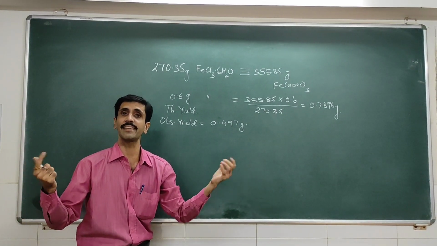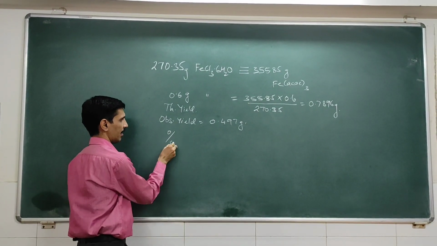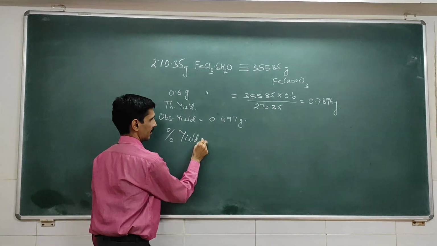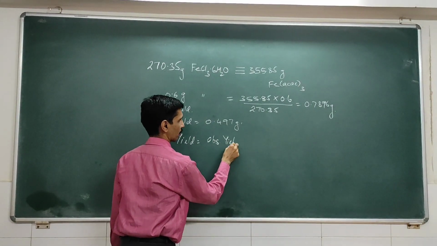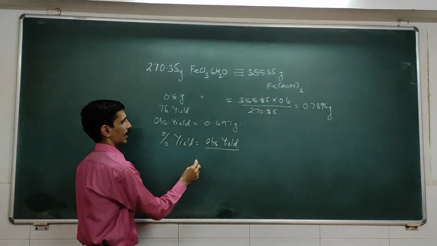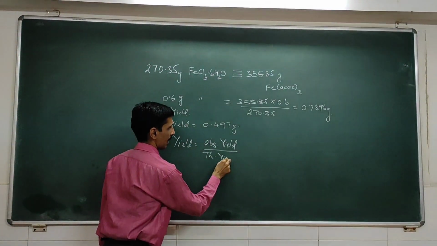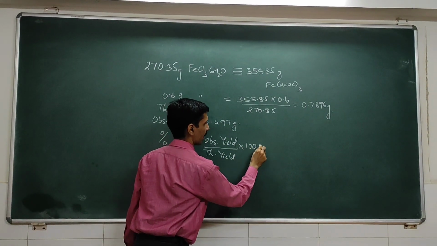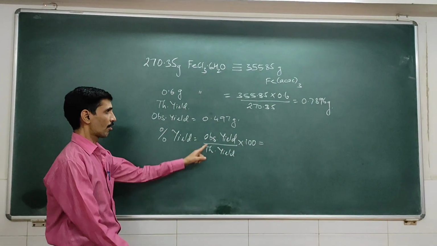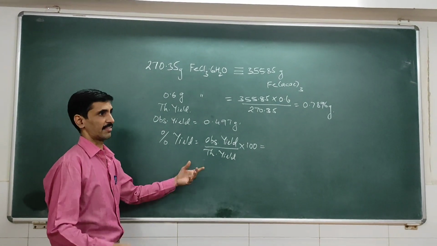And that is percentage yield. So the formula is: percentage yield is equal to the observed yield, or what we call the actual yield, divided by the theoretical yield, and because it is in terms of percentage, the factor which will come is 100. So we have got both the values, so just substitute that.